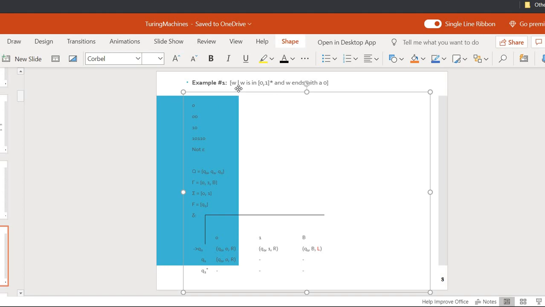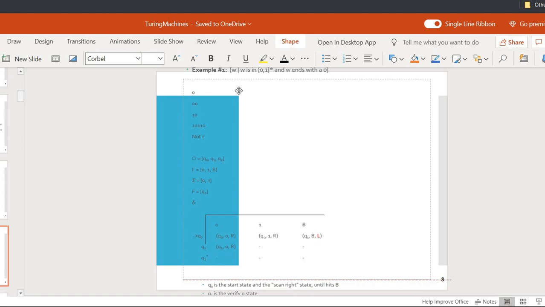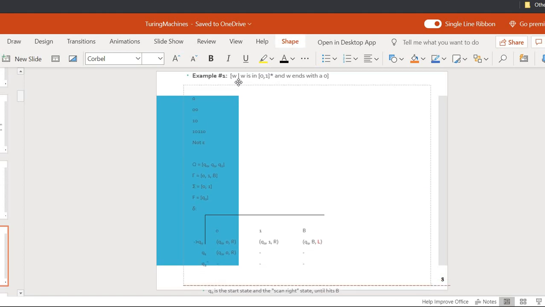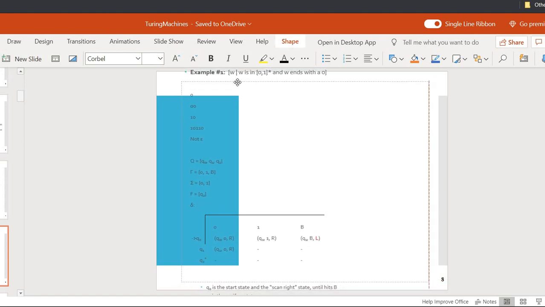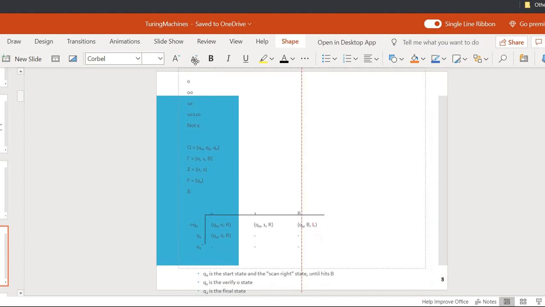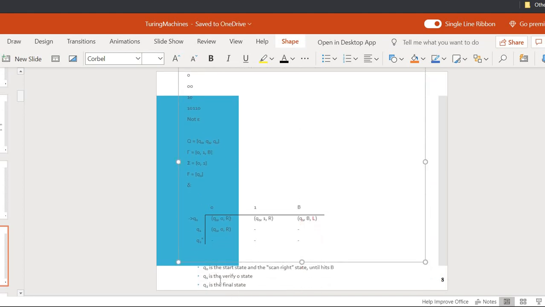These are the conditions given. If you start formulating the Q, sigma, F, and delta present in this, this is what it looks like, and once you formulate the table, this is what it looks like.